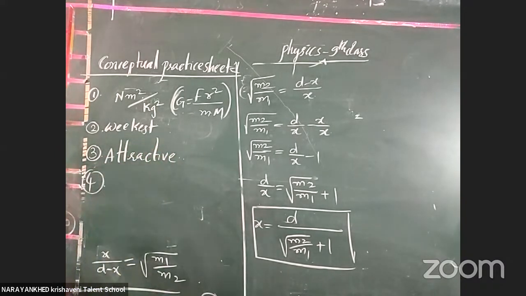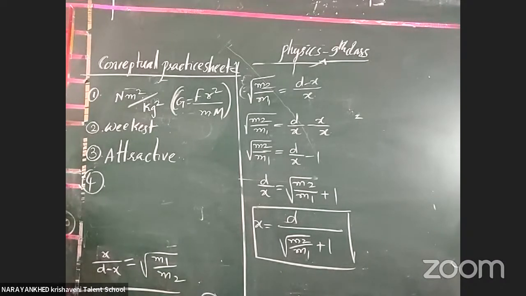And the fourth question: two metal spheres of the same material and radius r are in contact with each other. The gravitational force of attraction between the spheres is proportional to what?